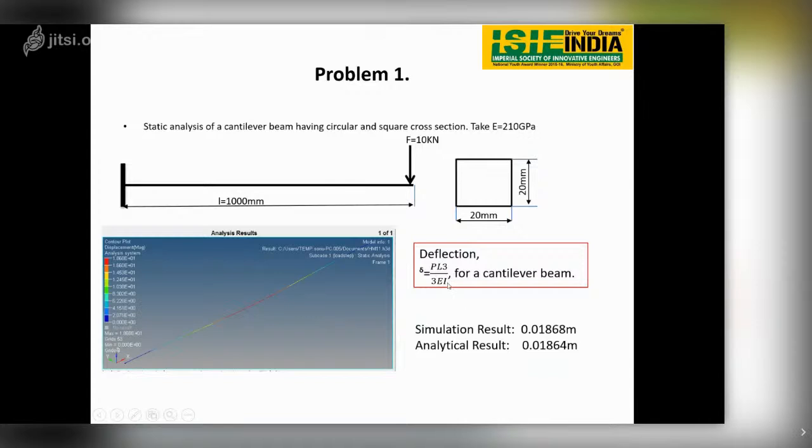I is the moment of inertia, which can be calculated from the cross section, based on breadth and depth. For the square cross section, it is BD cubed by 12. Based on that we can get the inertia, and this is the formula to calculate the deflection for the cantilever beam: delta is equal to PL cubed divided by 3EI.